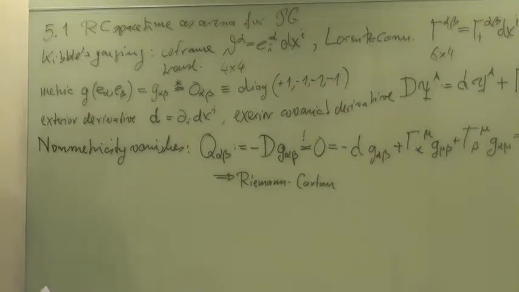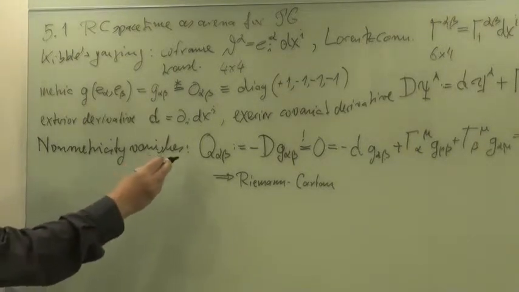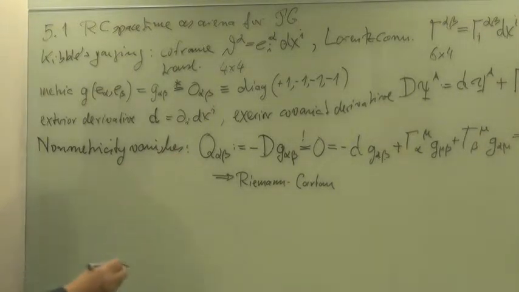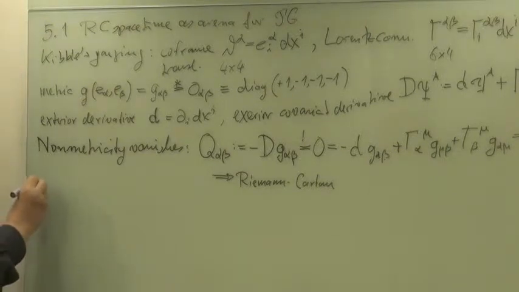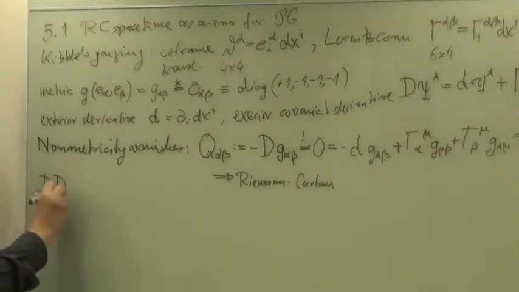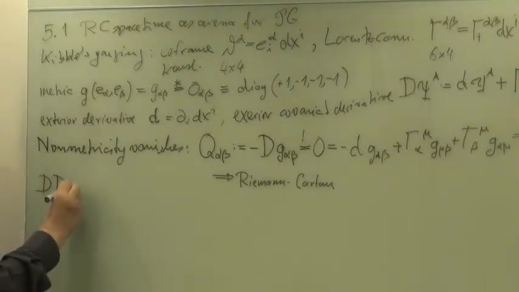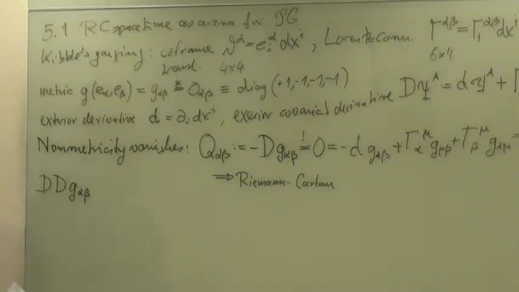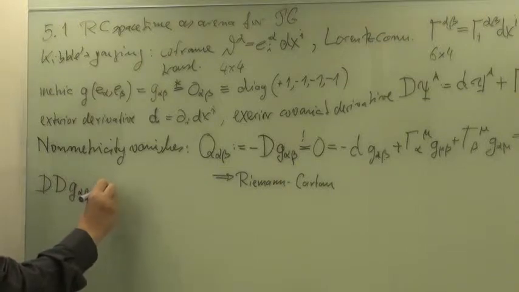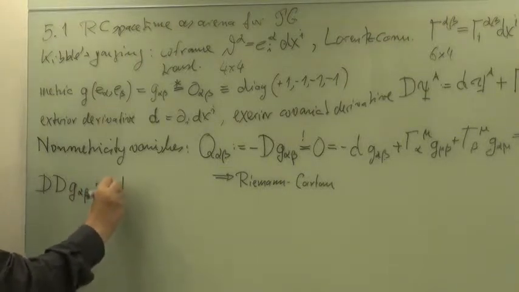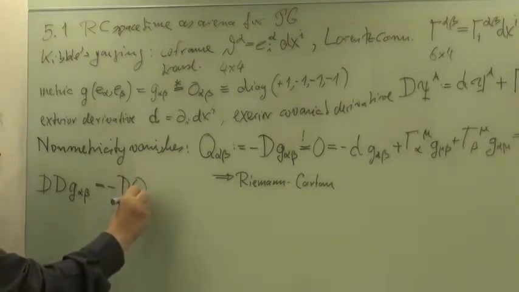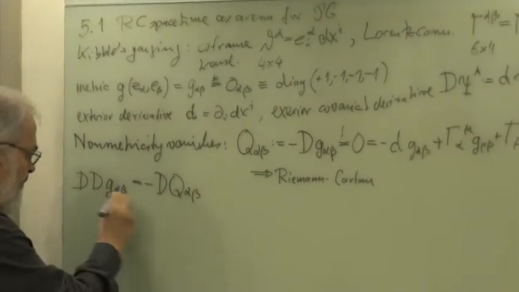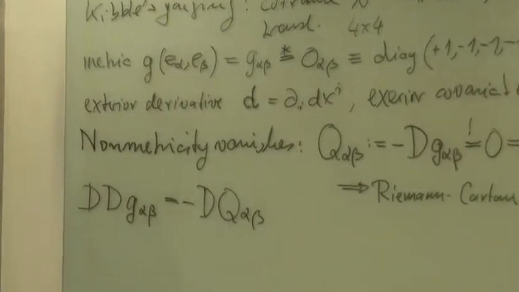You can also see that on a more fundamental level, if you apply the Ricci lemma to g alpha beta, you make two differentiations of g alpha beta. Then you get minus D of Q alpha beta, by definition of the Q.